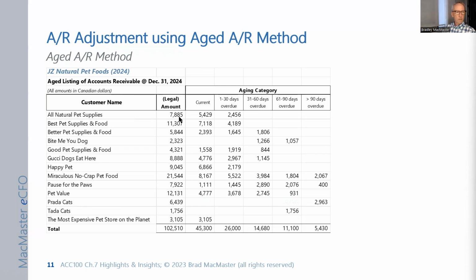Then each of these legal amounts that are owed is the sum of several invoices representing our sales to each customer. If we look at, for example, this account here, Better Pet Supplies and Food, it has 3 different aging amounts.